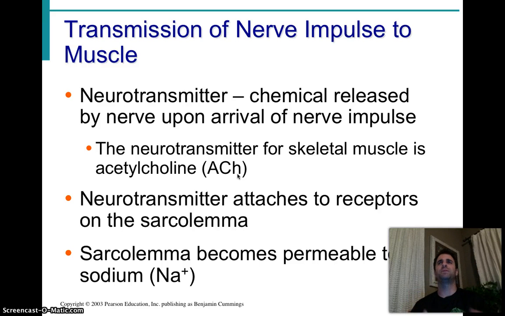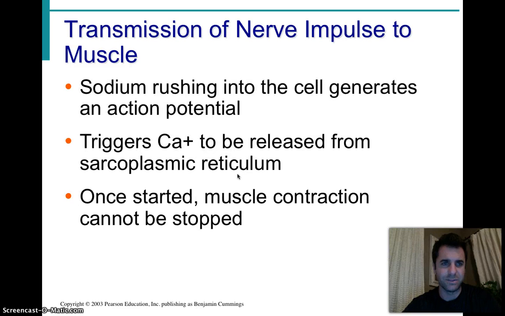So sodium is actually what enters into the muscle to cause the message to continue passing through the muscle and through the T tubules. And that sodium rush generates or causes an action potential. An action potential is a complicated term, 2 words, which just means impulse or message being sent from one area to the other. And it triggers Ca plus to be released from the SR, or sarcoplasmic reticulum.